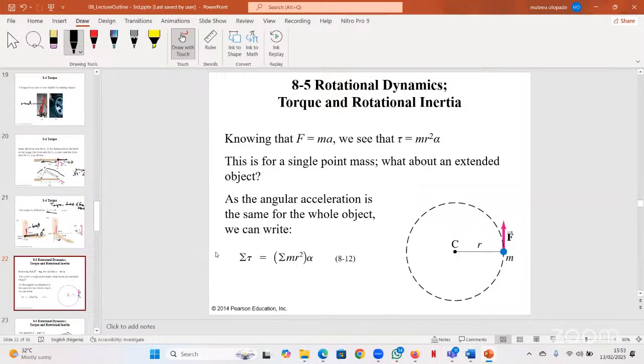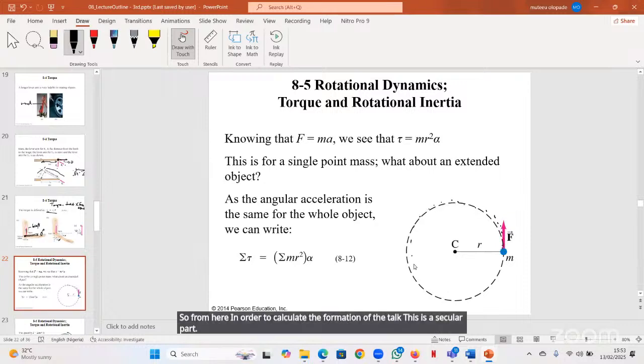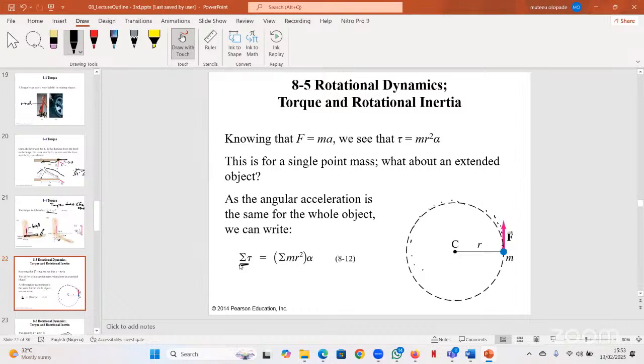Now, torque and a rotational body. In order to calculate the summation of the torque, because this is a circular part, you will definitely have different torque at different points. That's why we are summing them up. If it's rotational, the mass M is constant, but the angular acceleration is changing at different points.